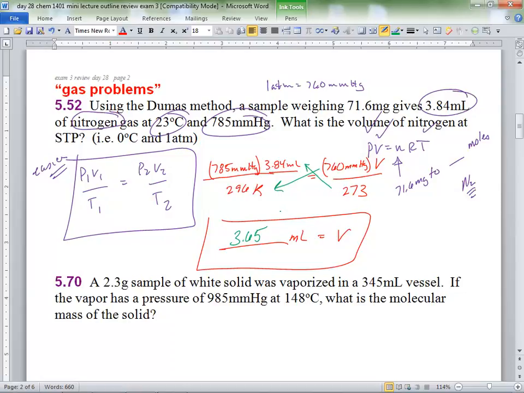And they gave you pressure and volume and all that stuff, so it has to be an ideal gas law type of question. You're just missing what to use, PM equals dRT? D. So how are you going to get D? You got to get D first. Remember what its units were. Someone said it. So do that. Get the grams divided by the liters and get little d first.